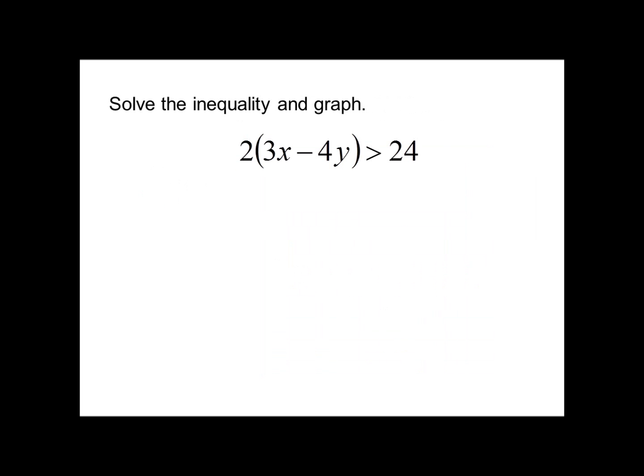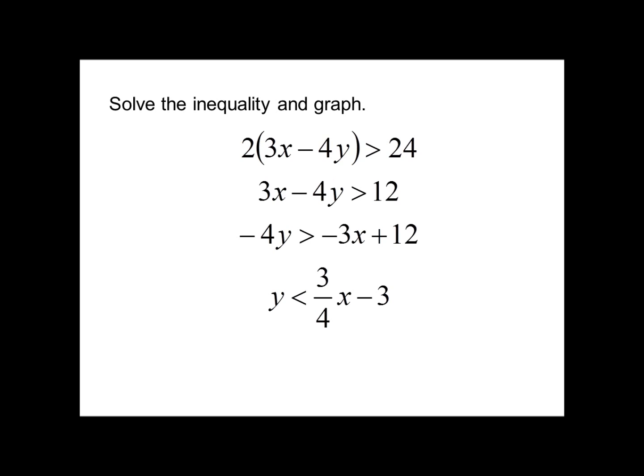Let's solve the inequality and graph. Now, when we say solve and graph, basically what we're trying to do is get it into slope-intercept form. Get the y alone on one side. Now, the first thing I'll do is divide the 2 over. Yes, I could distribute it in, but if I go ahead and divide it over, it's gone, never to be dealt with again.